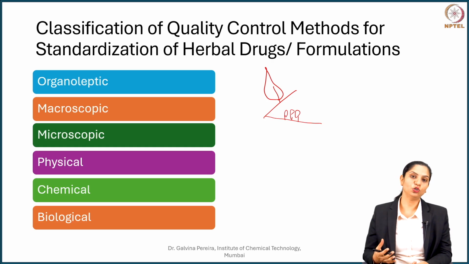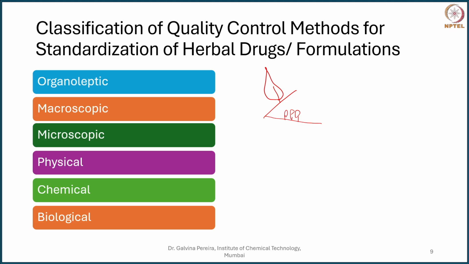So WHO gives different methods to assure standardization. This includes organoleptic, microscopic, macroscopic, physical, chemical as well as biological methods of evaluation. In the subsequent session, we will be seeing each of these in much more detail.